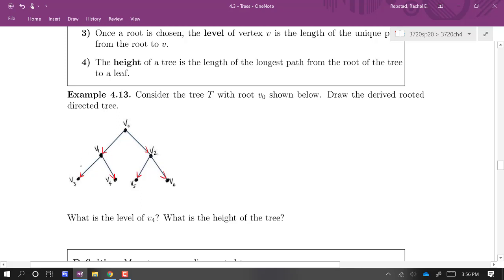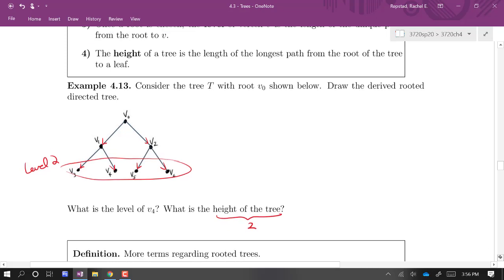What is the level of V4? Well, V4 is level 2. All of these vertices here are level 2, and that's the highest level of a tree. That's the length of the longest path from any vertex to the root. And so the tree has height 2.